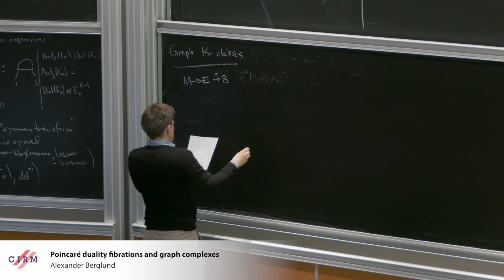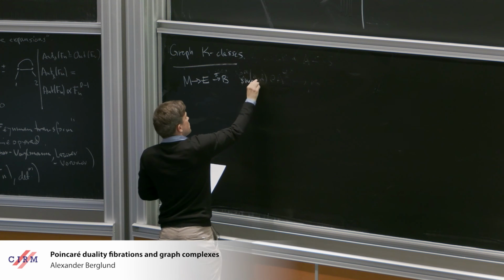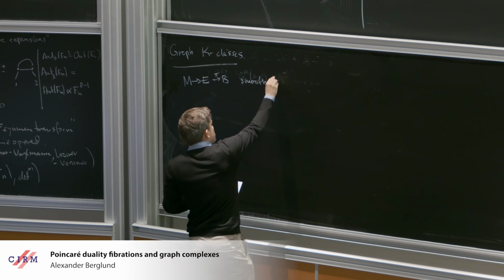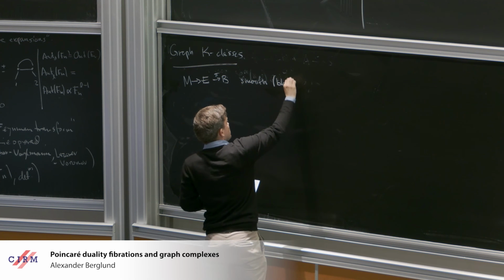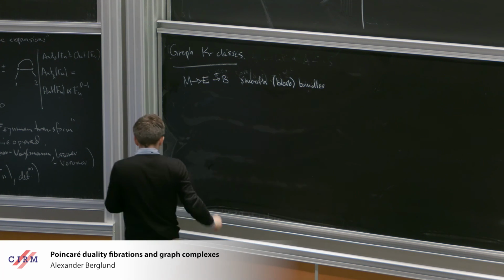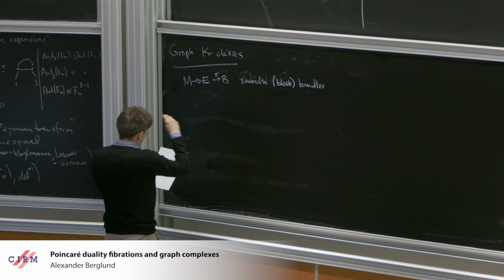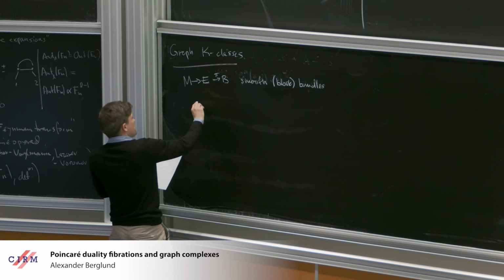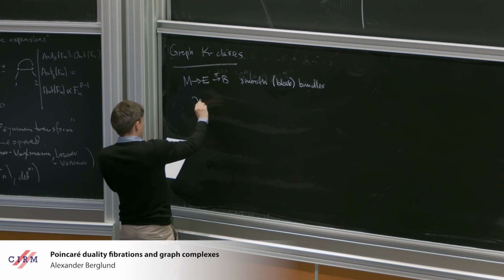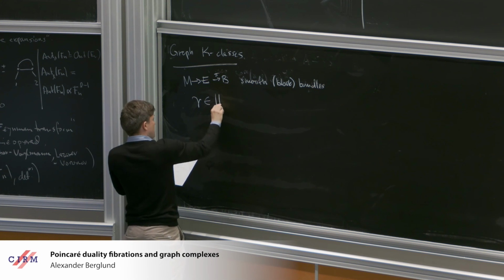If we now specialize to smooth bundles, and I will also allow these generalizations of bundles called block bundles. I will not have time to explain exactly what they are in case you haven't seen them, but you can think smooth bundles here. And gamma is a graph class.